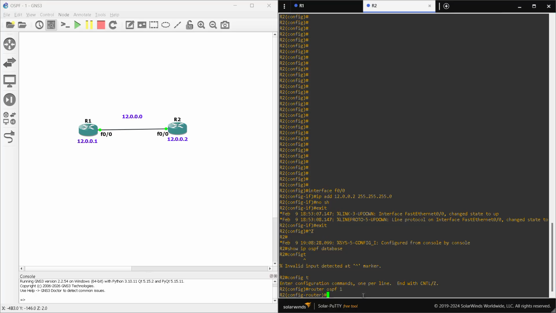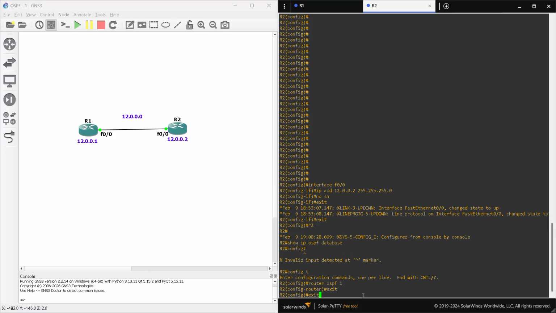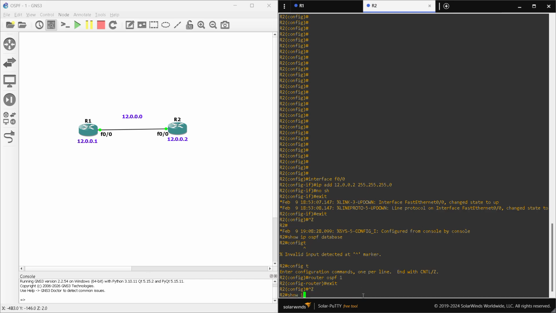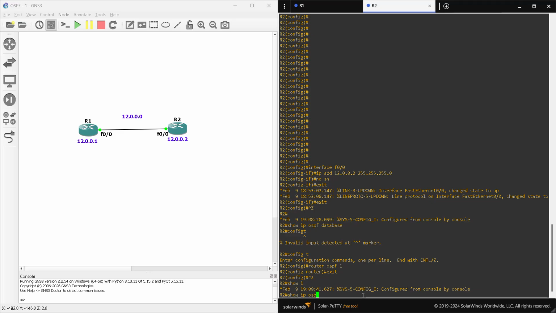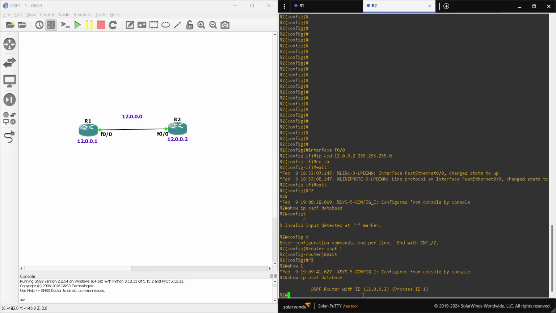Now let's see what is there in its database. Show IP OSPF database. Now as you can see, as I've only given this command of enabling OSPF with the router process ID, this is what it gives me: the router identifier, which is of this interface, and then the process ID. Right, only this. Now let me go and configure the whole network.